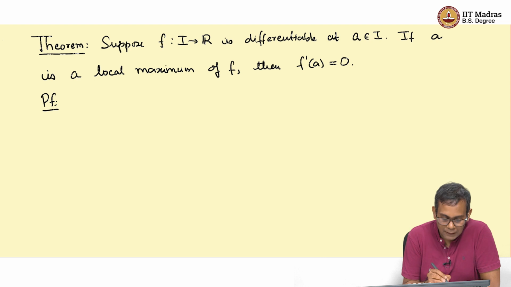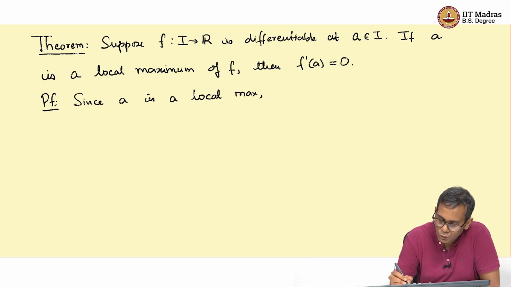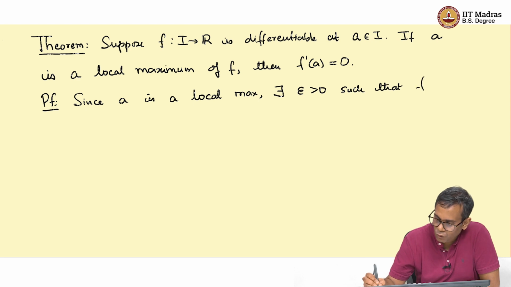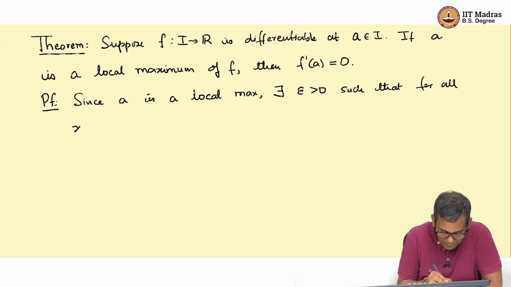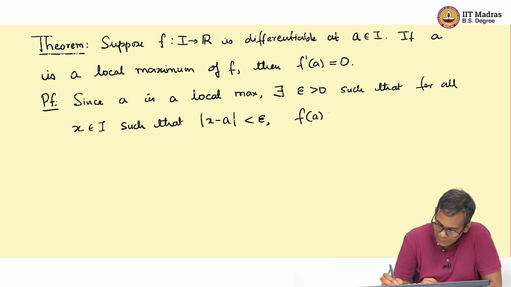Since A is a local maximum for f, I can choose epsilon greater than 0 such that for all x in I such that the absolute value of x minus a is less than epsilon, f of a is greater than or equal to f of x.